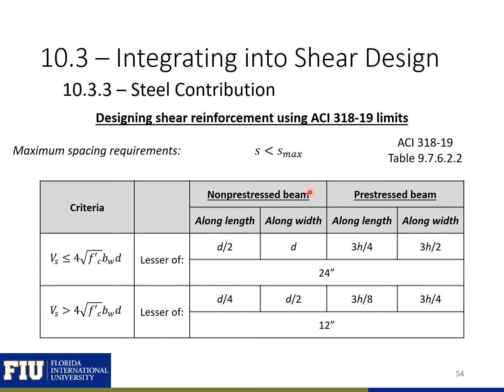Spacing limits are provided along the length of the beam and along the width of the beam. For all beams you'll need to check along the length. Along the width, it will only control for wider beams, for example, slab beams. And you can see that when we have a larger amount of shear reinforcement required, we'll have a tighter spacing required.